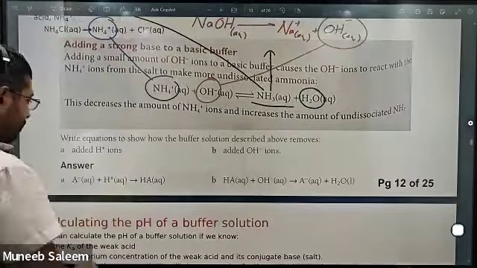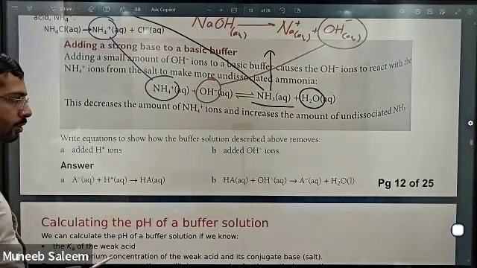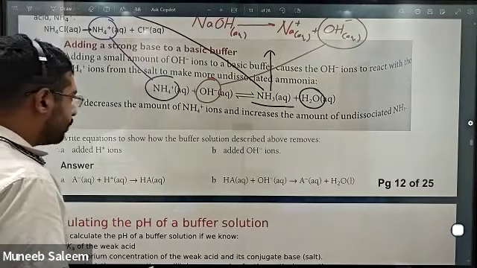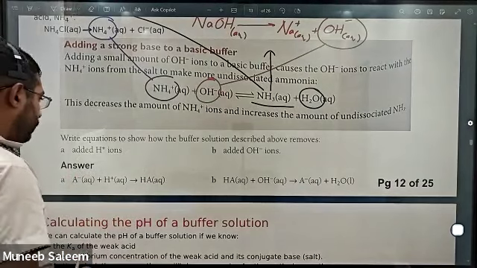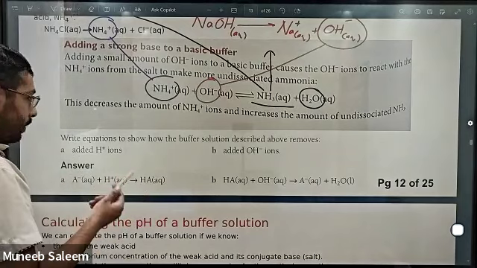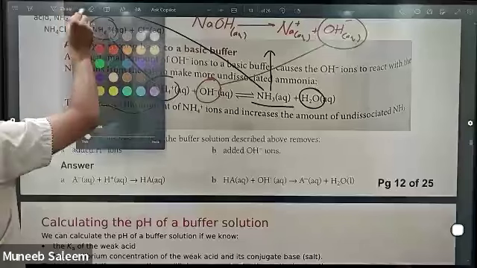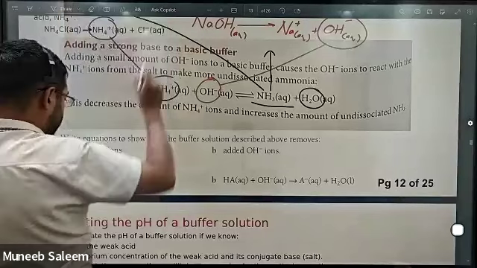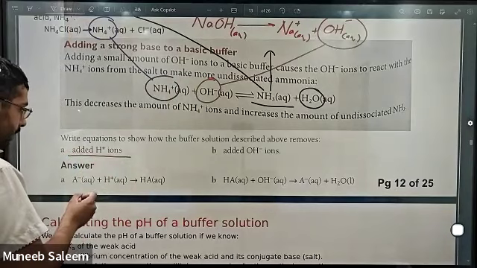There is a small question mentioned here. Write equations to show how the buffer solutions described above remove the added hydrogen ions and added hydroxide ions. They have not made clear which buffer solution, but you should remember, if it says added hydrogen ions, it means you are adding the acid.